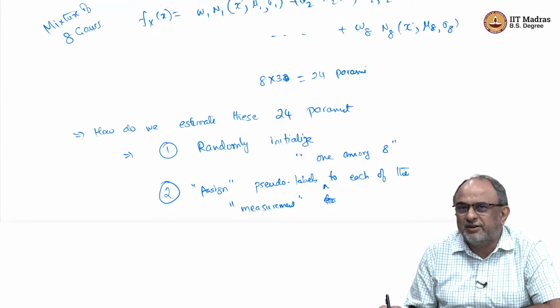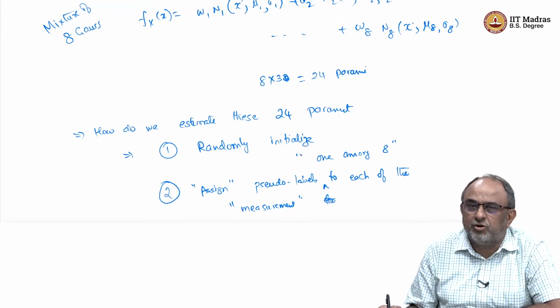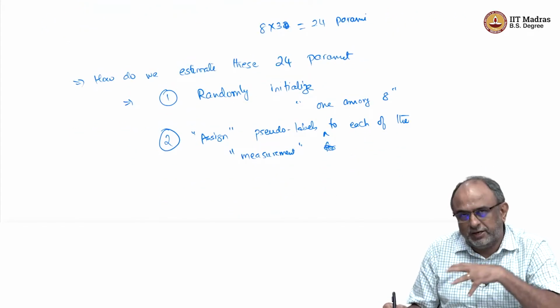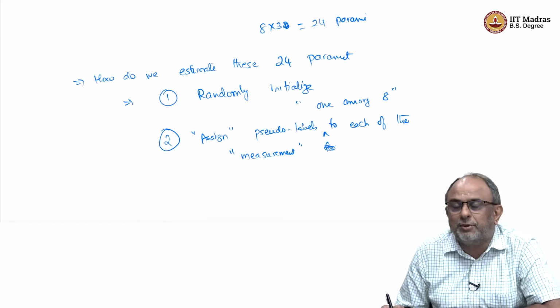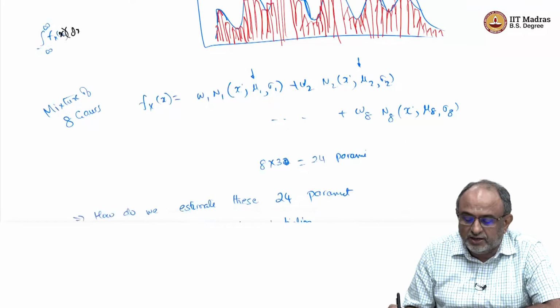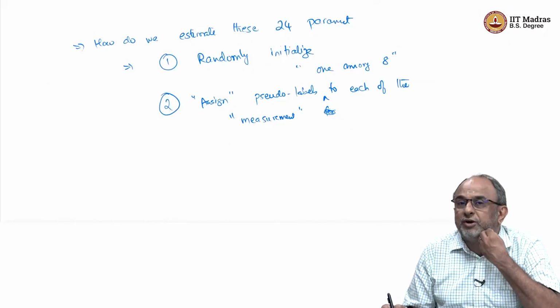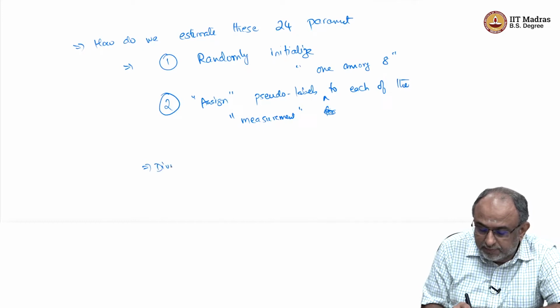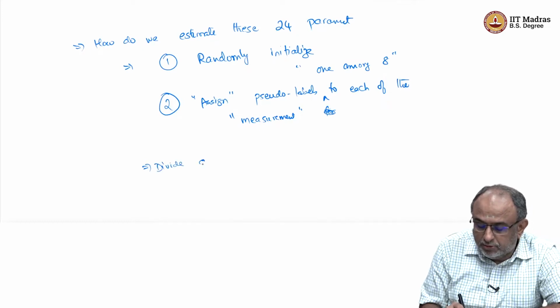That is called hard assignment, and there is also something called a probabilistic way of doing it. These are nitty-gritty details, do not worry, but the basic idea is I will choose one among the 8, and now I have divided all measurements into 8 categories.